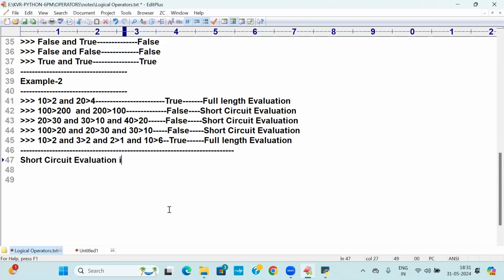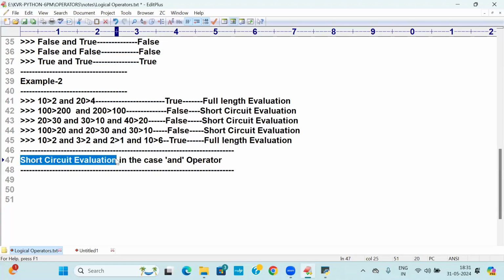Short circuit evaluation, in the case of what operator? The AND operator. What is short circuit evaluation? That is called short circuit evaluation. Now I am writing this short circuit evaluation. Carefully follow how to define.